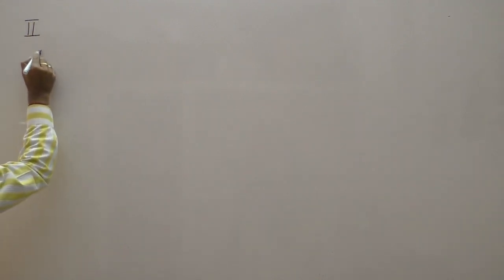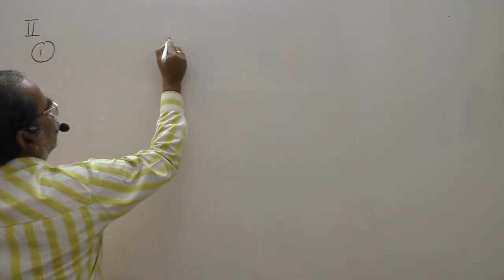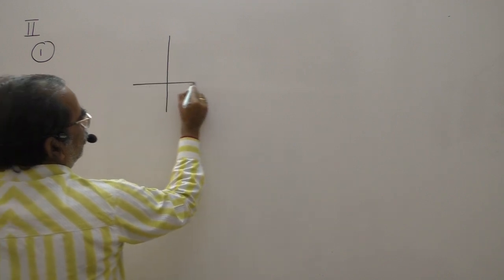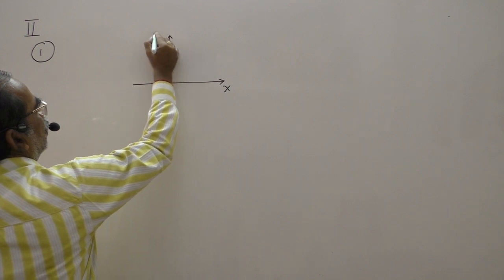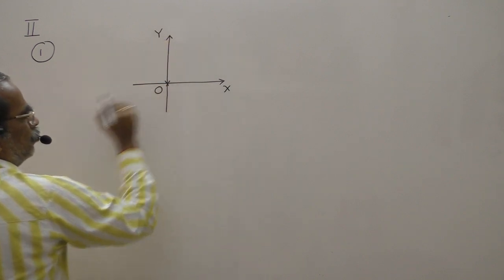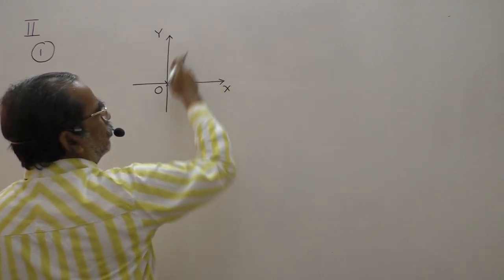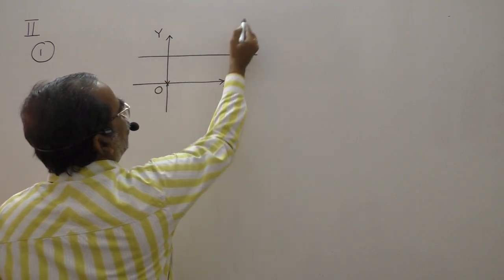Set 2. In set 2, number 1. See the figure now. Say these are the axes. Listen carefully. X-axis, and this is y-axis. This is origin. Now parabola can be like this, whose axis is parallel to x-axis.